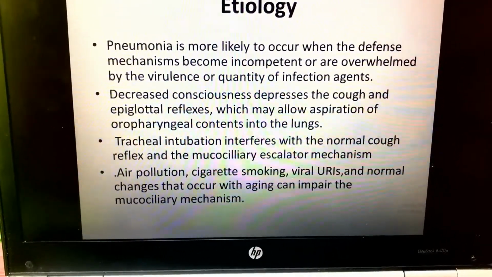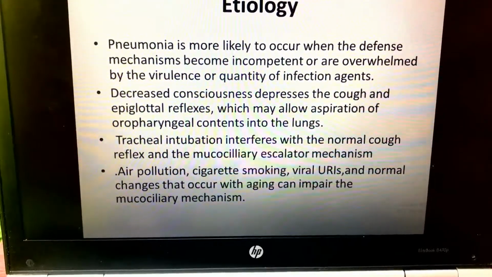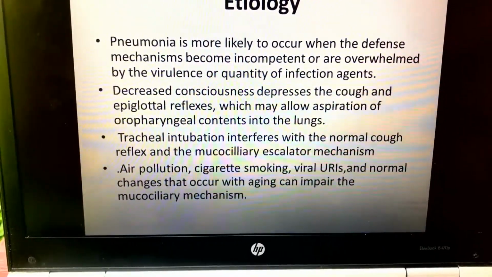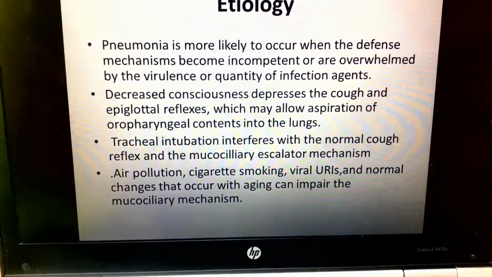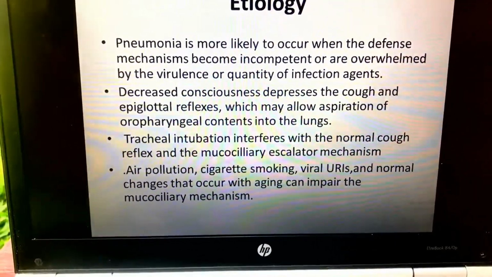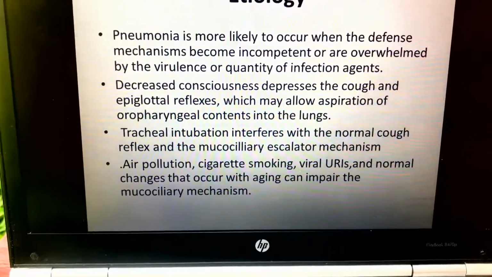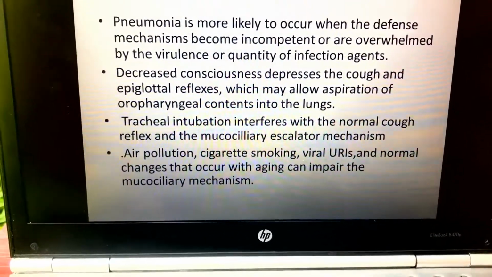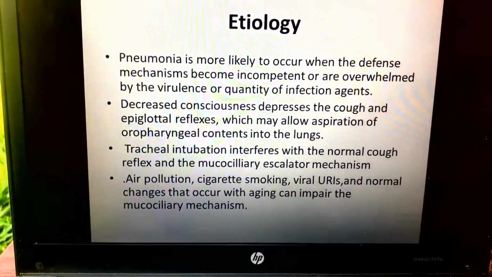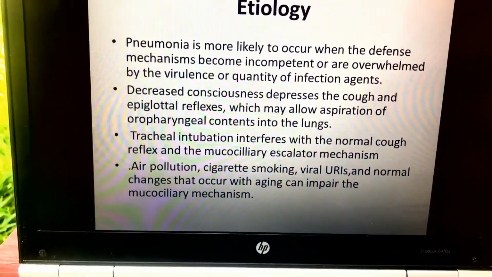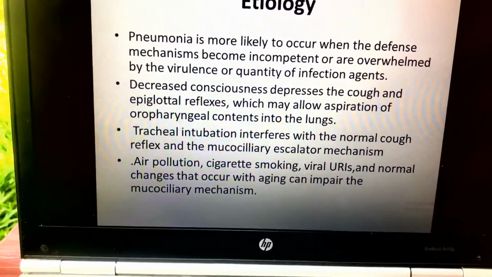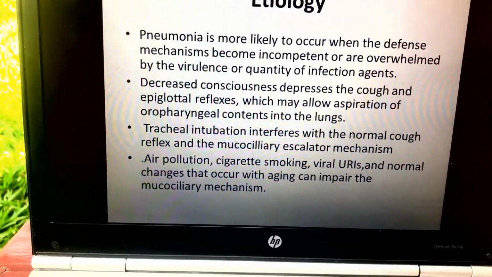Tracheal intubation interferes with the normal cough reflex and the mucociliary escalator mechanisms. Maybe you have not yet been exposed to intubation, but you will see intubations in ICUs. This is to facilitate breathing for those who are unconscious, for people who are not able to breathe in and breathe out. We give what we call intubation. We intubate.